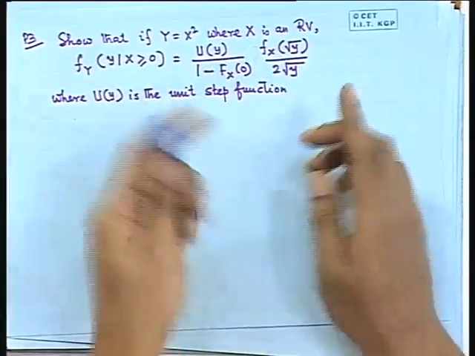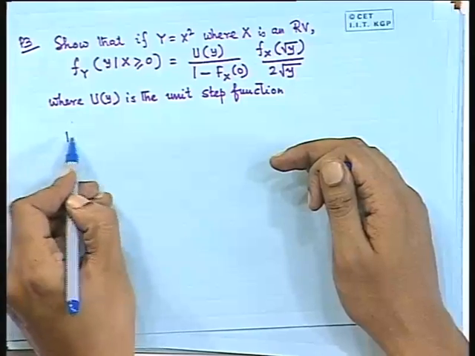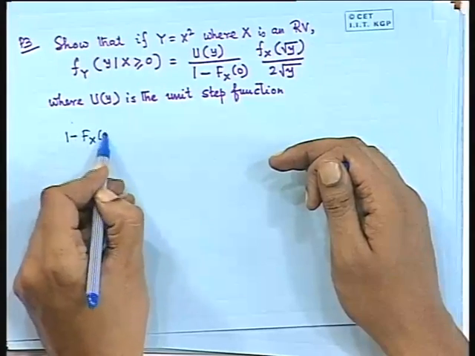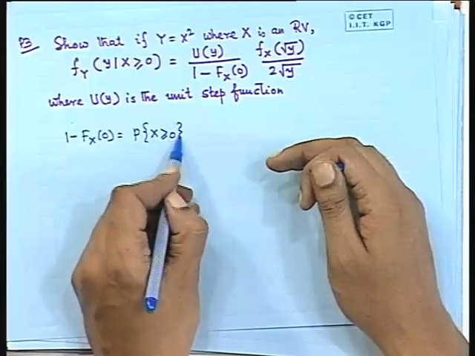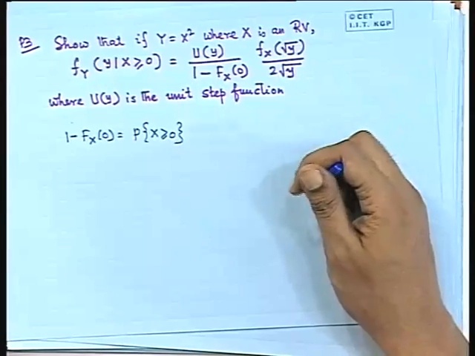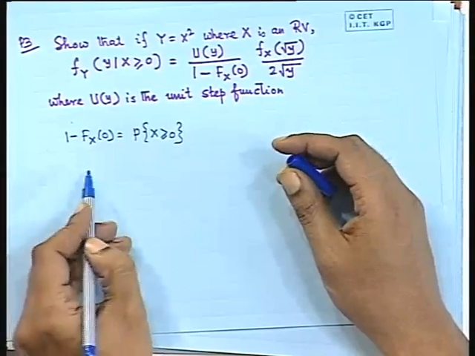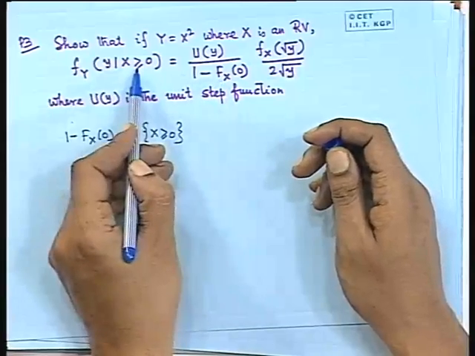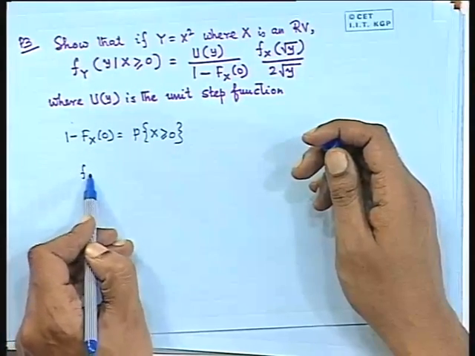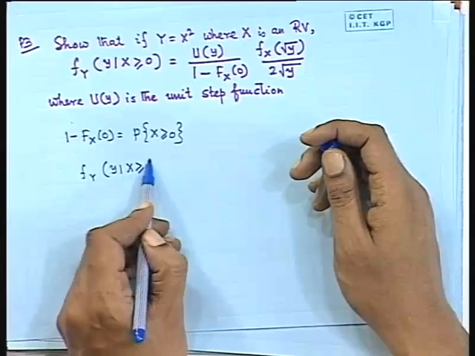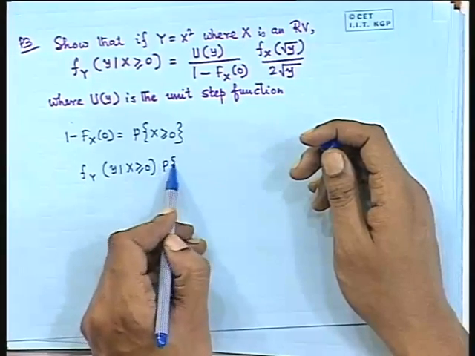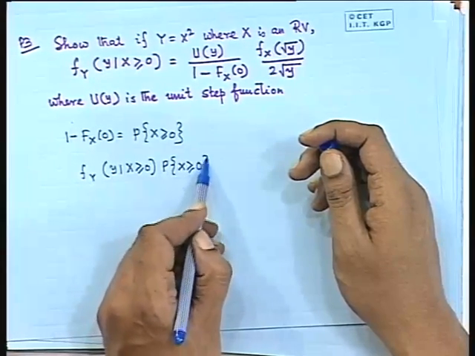So this part we should recognize. 1 minus F_X(0) is nothing but the probability that x is greater than or equal to 0. So what are you having here? If you multiply this side, you are having f_Y(y given x greater than or equal to 0) into the probability that x is greater than or equal to 0.